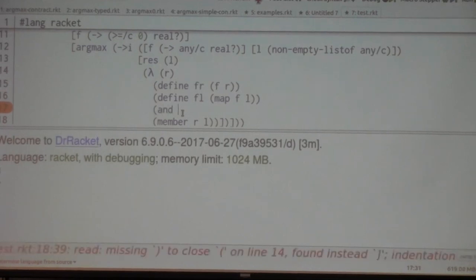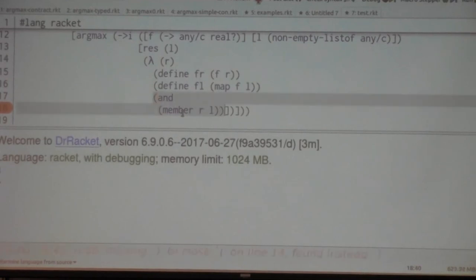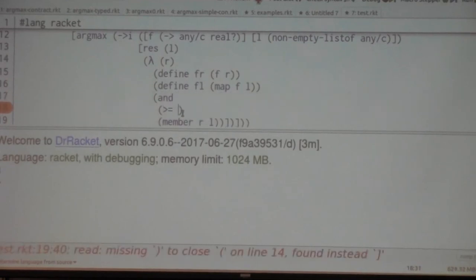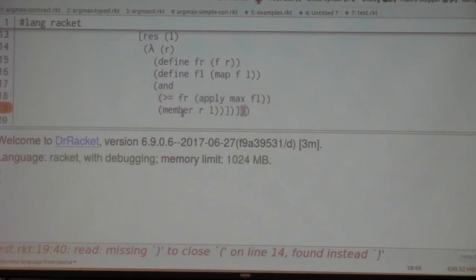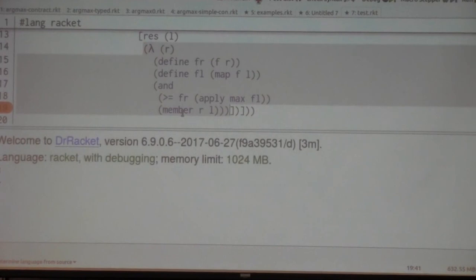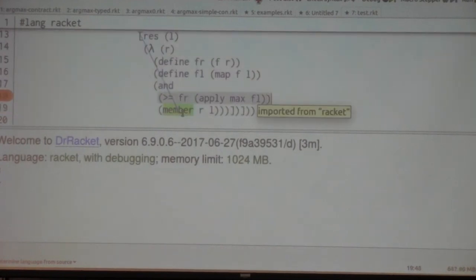And then we want to check that if we take the maximum of f applied to all of the elements, it should be no bigger than f applied to the result, right? This is a simple check for the actual functional specification of Argmax.